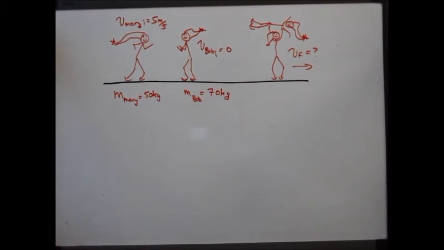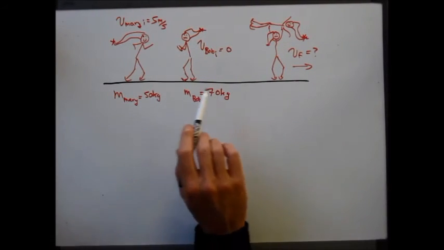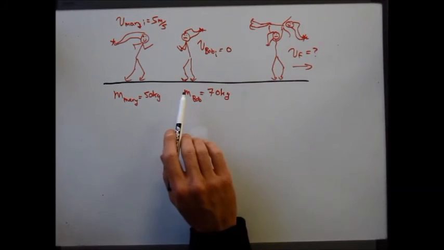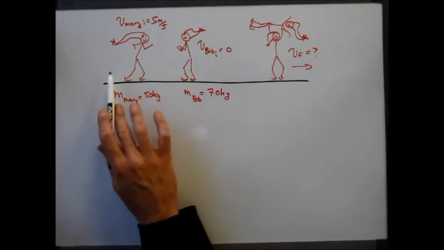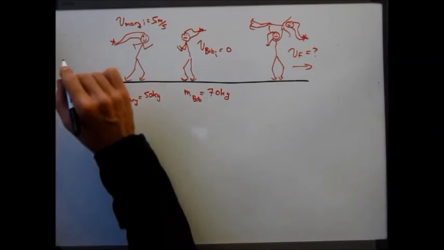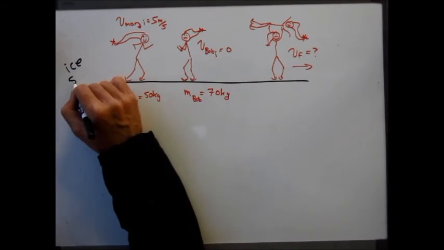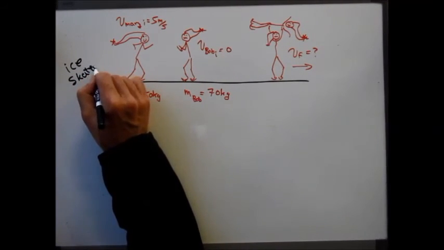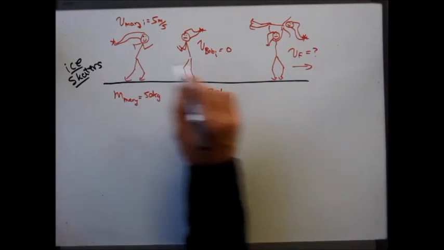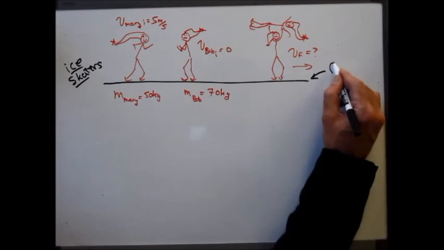So let's consider an example where we can talk about this momentum conservation. We're going to pick a system where we have ice skaters, right? And the surface is frictionless.